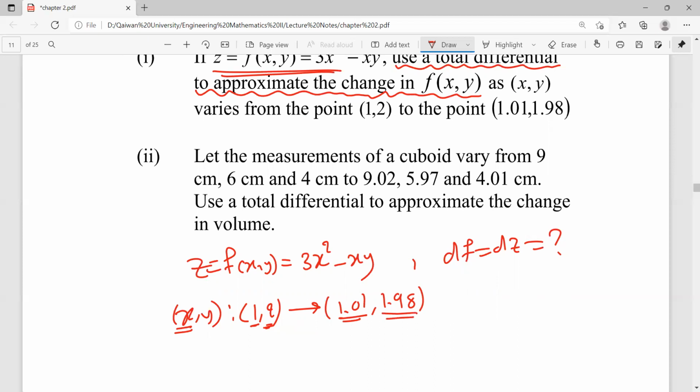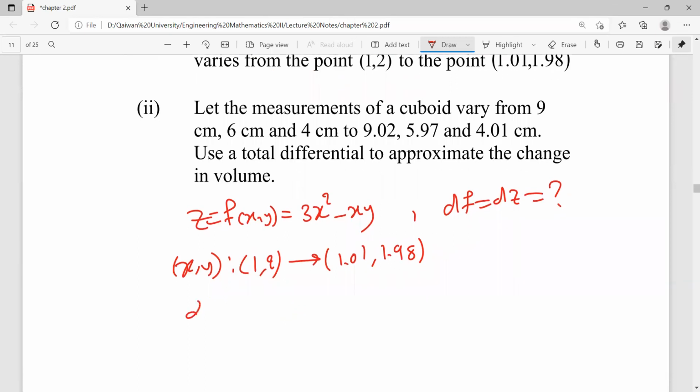So from these two points, we can find dx and dy, I mean, the change in x and the change in y. So here we say dx equals 1.01 minus 1, which is 0.01. This is dx. How about dy? We always subtract the original one from the changed one.